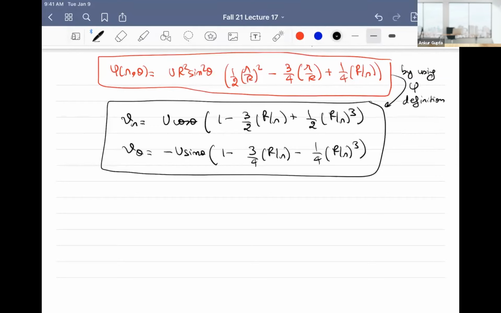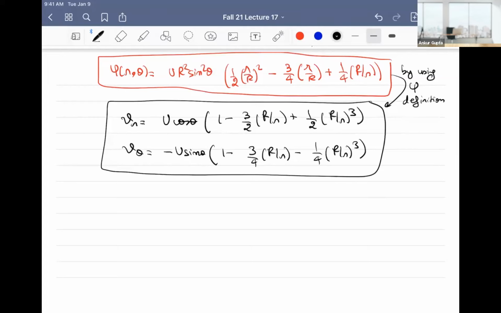If you put small r as capital R in the expression for V theta, again V theta is 0, so the no slip and no penetration conditions are satisfied. If you put r equal to infinity, then all of these exponents drop out and you get u cos theta and minus u sine theta. These are our boundary conditions for V R and V theta. That means the net flow is in the positive increasing direction.